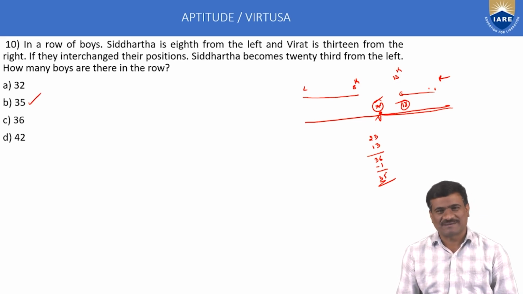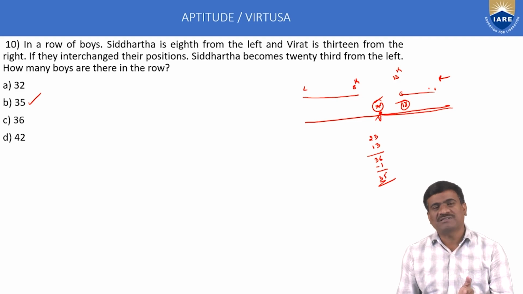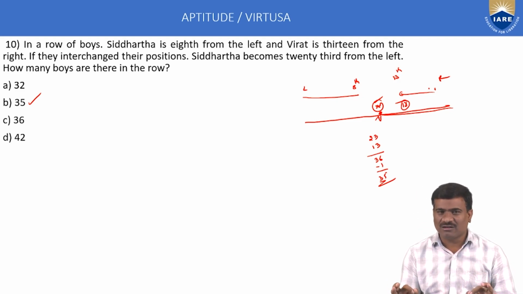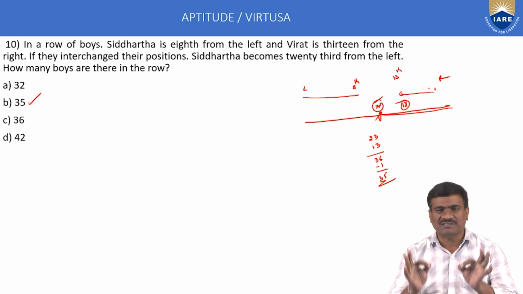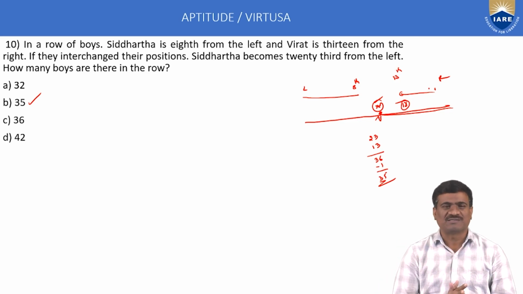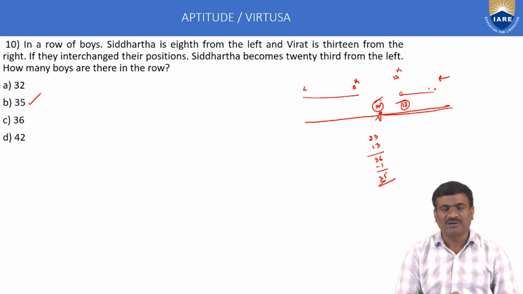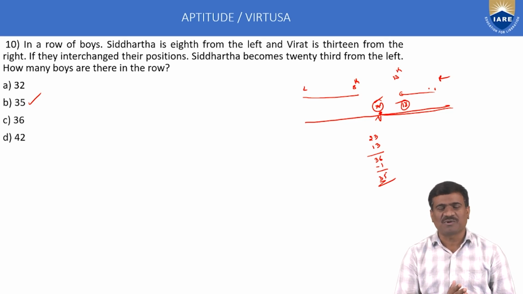Minus 1 means the same person is counted in both left and right positions, but in a classroom consider only one person one time. This is about the metal test pattern.